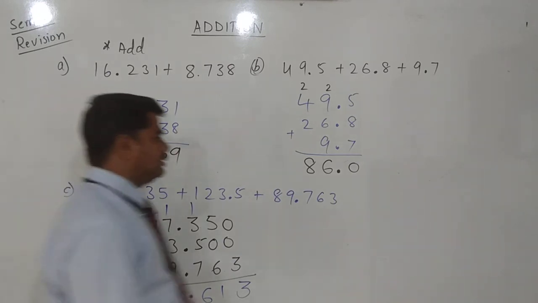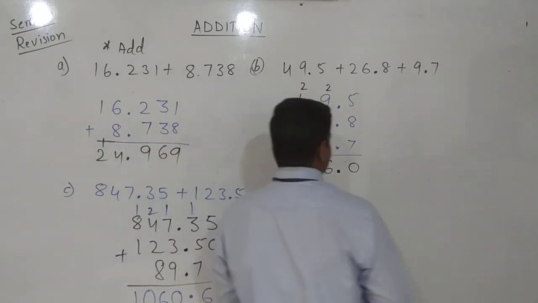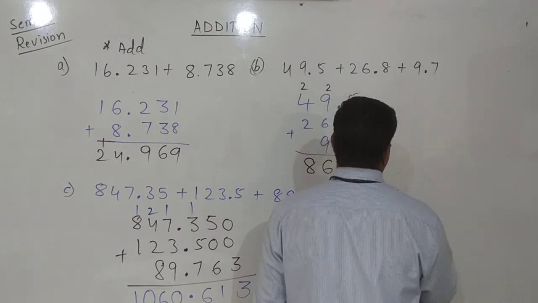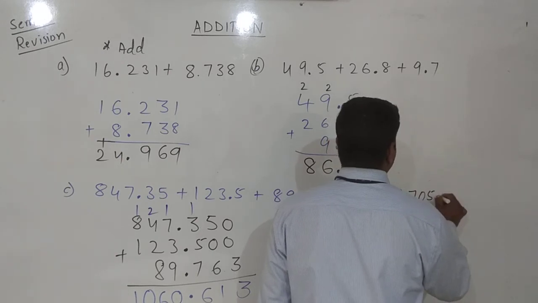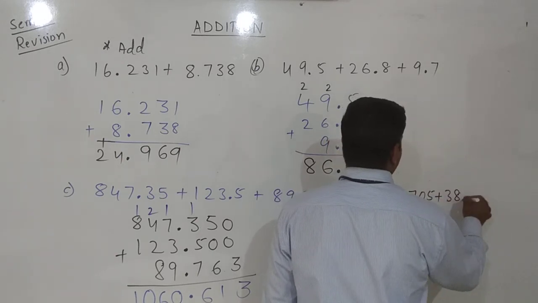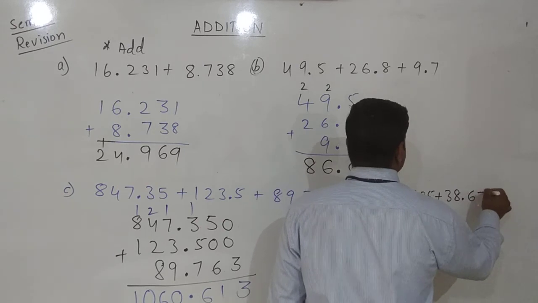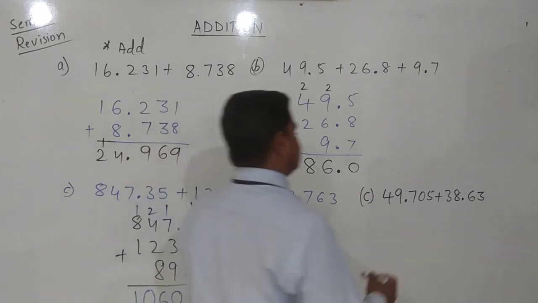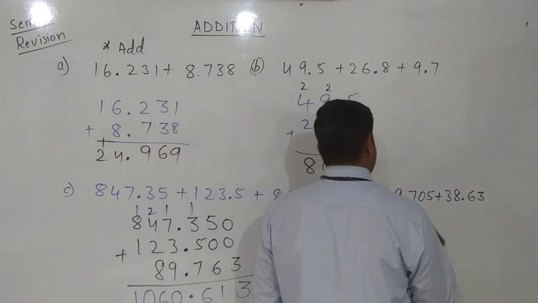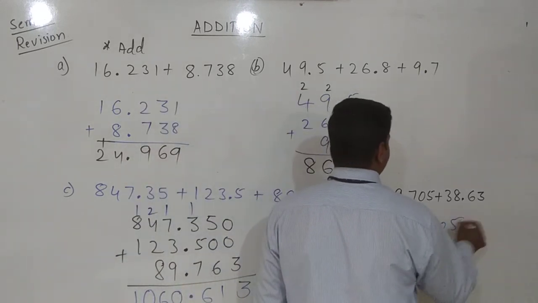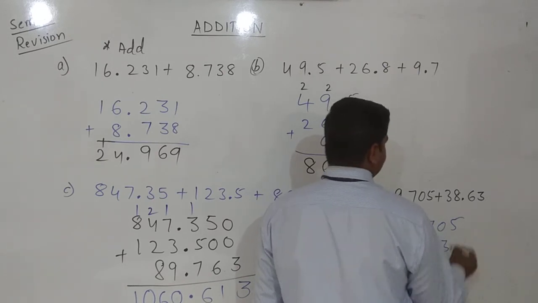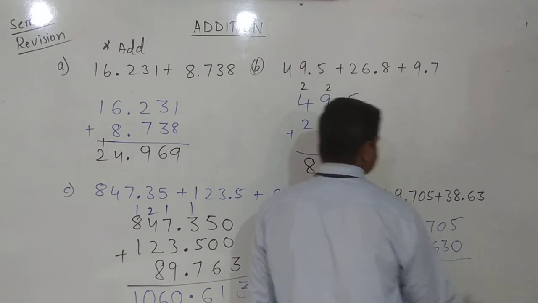Very simple. Yes, one more. This decimal number will add. 49.705 plus 38.63. These two numbers, arrange in a column. 49.705 plus 38.63. Then we can insert a 0.